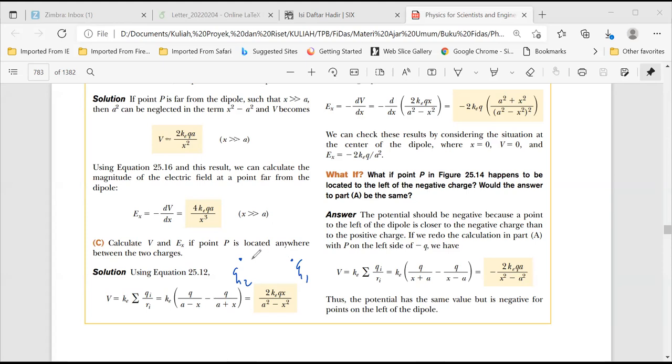Anywhere between two charges, here or here. So we will get the potential like this. And if we use the formula here, you will get this result.